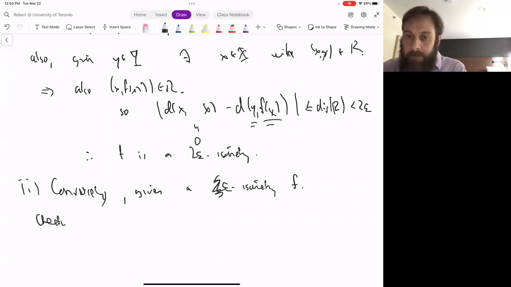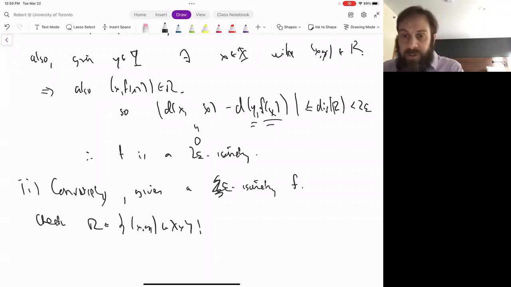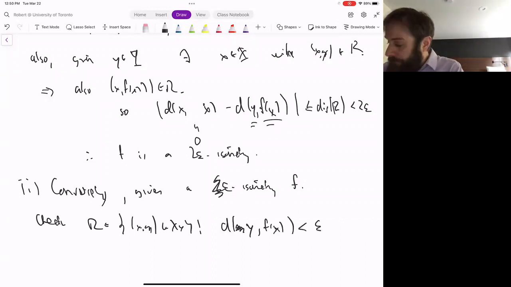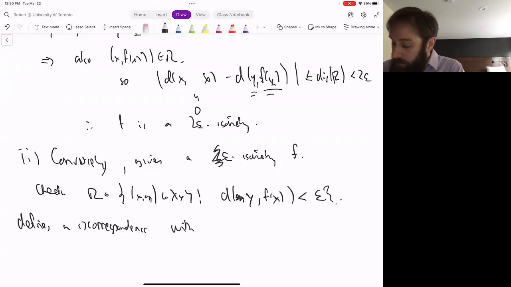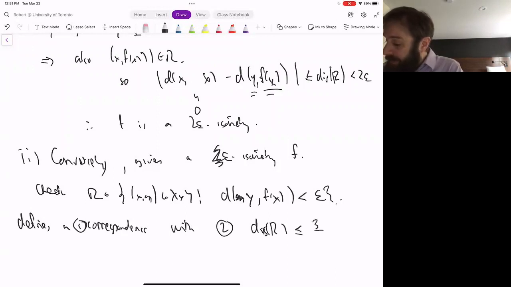So what's the relation going to be? It's going to be the set of all xy in the product space such that the distance from y to f of x is less than epsilon. And I claim that that defines a correspondence with distortion of R less than 3 epsilon.